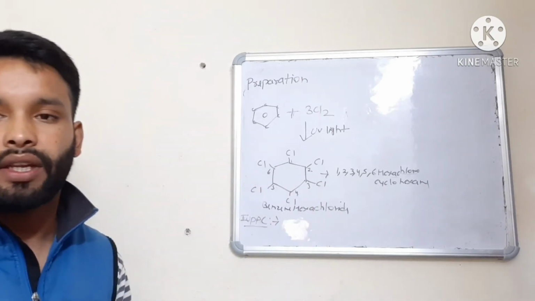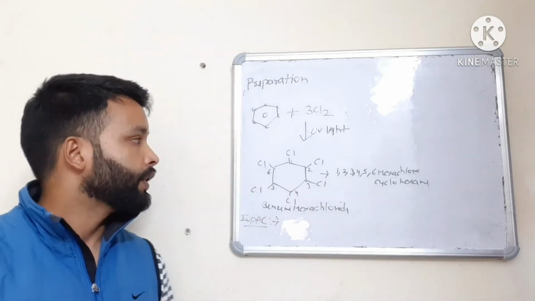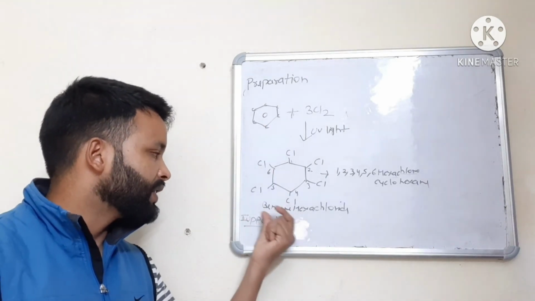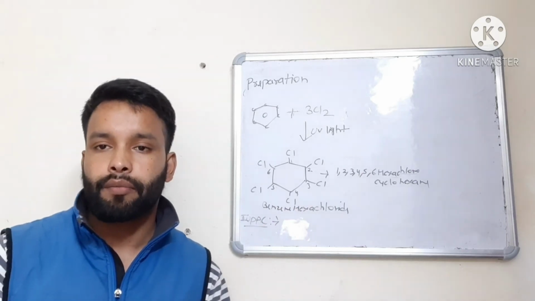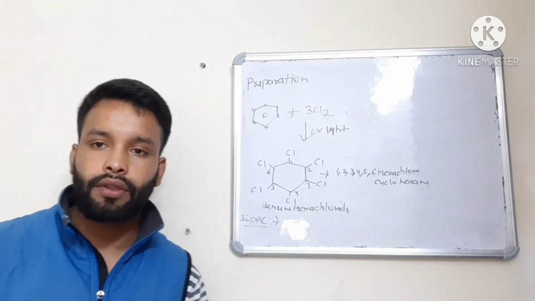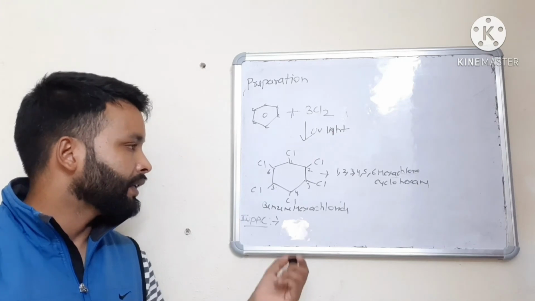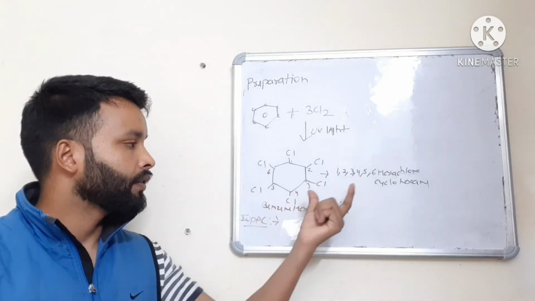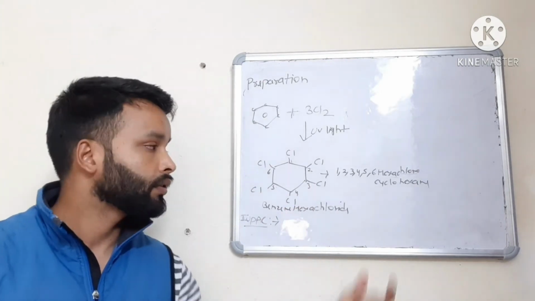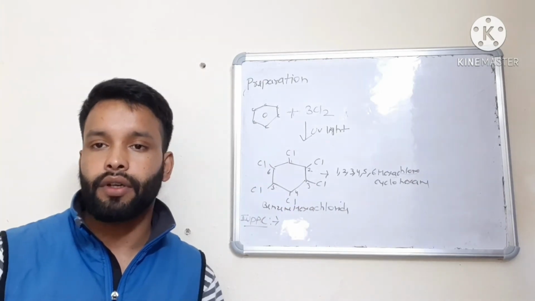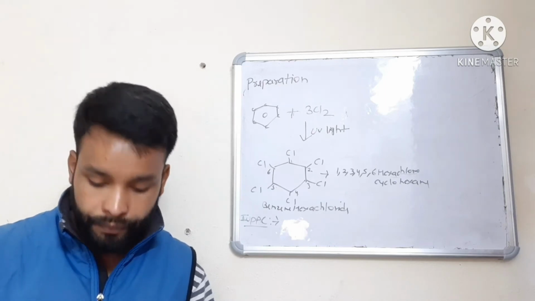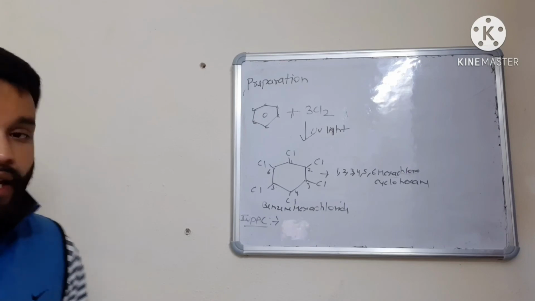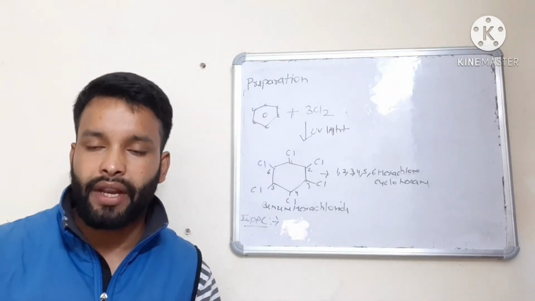When I write the IUPAC name, I will not use the word benzene for this. I don't know, in many books benzene hexachloride is still used, but if you see authentic books by foreign writers, it is clearly mentioned that for this ring we cannot use the word benzene. So cyclohexane is the preferred word according to the concept, and it is right also. Basically this benzene hexachloride exists in 8 isomeric forms.